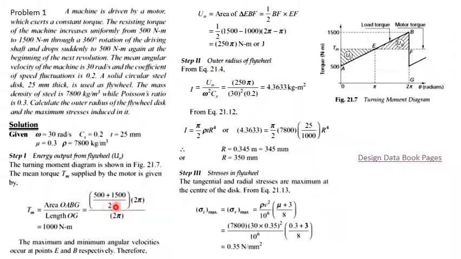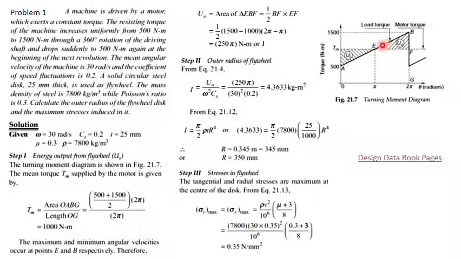Putting the area here, the length 2 pi gets cancelled, and we get the mean torque as 1000 Newton meter.